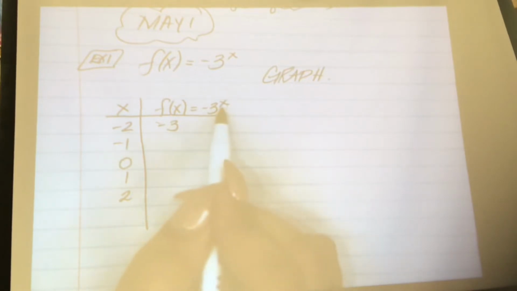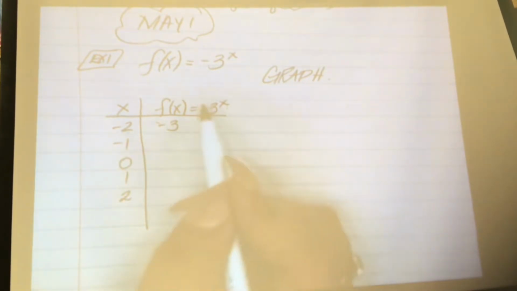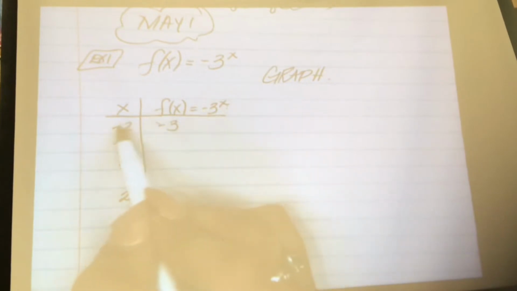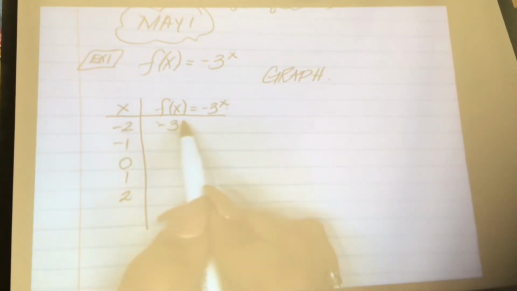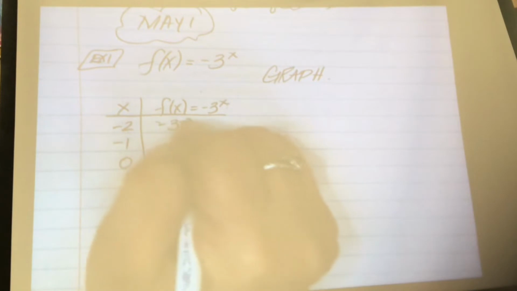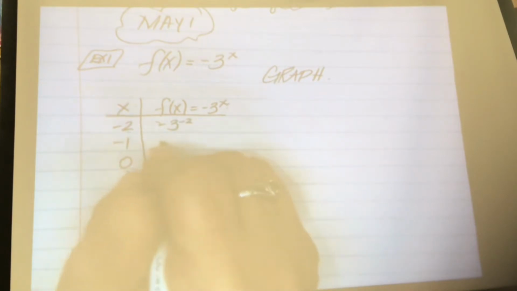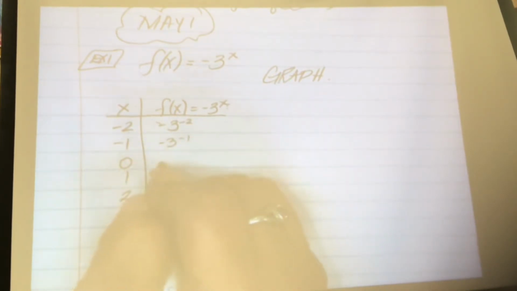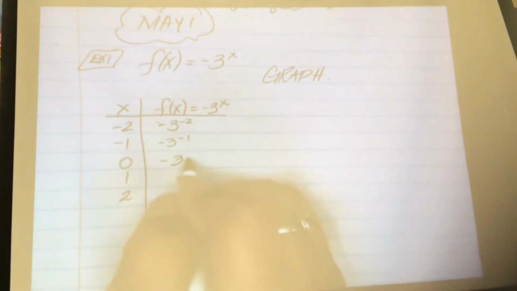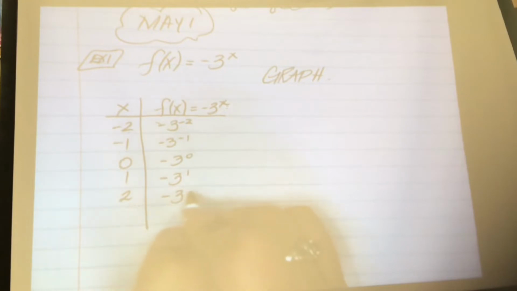Instead of this letter x, I want these numbers. So what should I put here? -3 to the... Yep. How about the next one? Next. Say it louder, please, for the video. Thank you. Next.